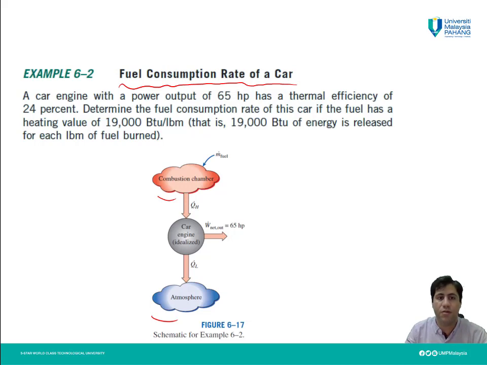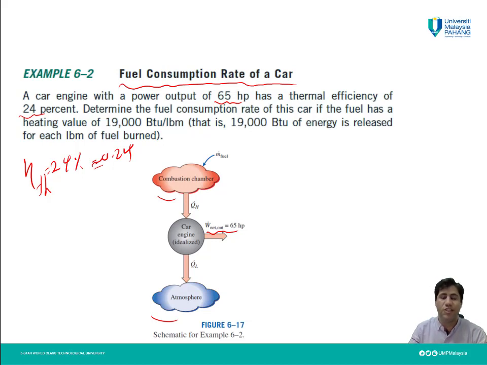This car engine with a power output of 65 HP, so W dot net output of the engine is 65 HP, has a thermal efficiency of 24%, or 0.24. We need to determine the fuel consumption rate of this car if the fuel has a heating value of 19,000 BTU per pound.